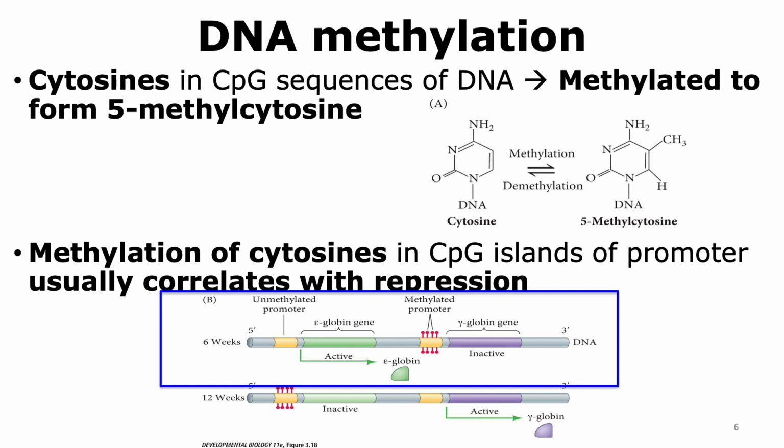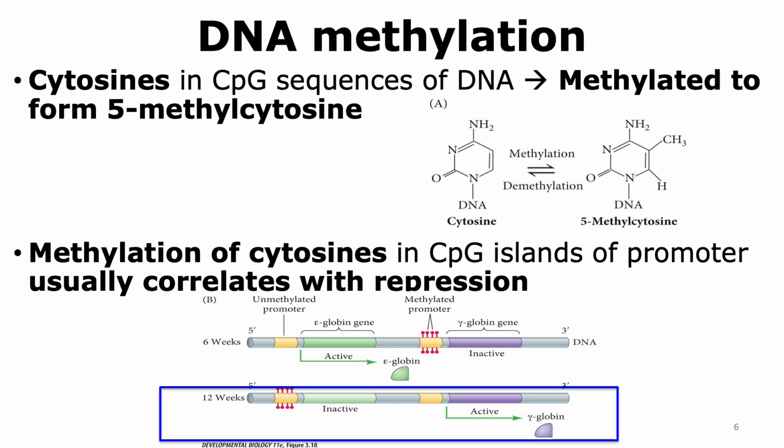In this particular case, the gamma globin gene that is towards the right of the figure has a promoter that is methylated, and hence it is not expressed and is in the inactive state. However, the epsilon globin gene, when we look at its promoter, which is towards the left, it is not methylated, and hence epsilon globin protein is made.